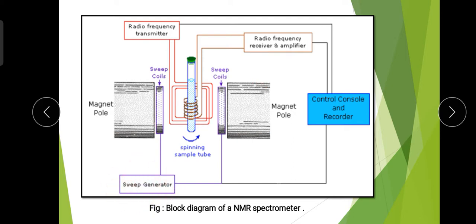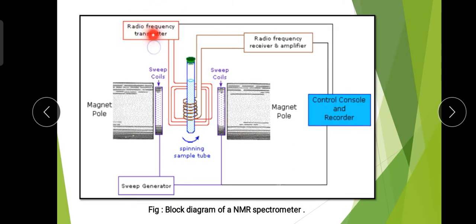In between these is the spinning sample tube, which is connected to the radio frequency transmitter, so that it transmits the energy to the sample, and then the next process takes place. And this is the sample holder arrangement in which we can place the sample.